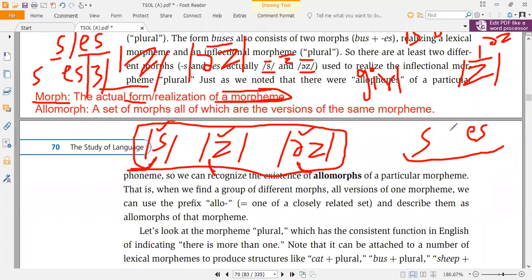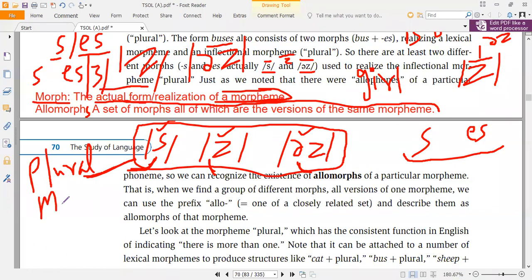It means that a set of morphs, all of which are the versions of the same morpheme, that set is called the allomorphs of that morpheme. Like these are the allomorphs of the plural morpheme. Sir, will you make it with another example? Yeah, sure, I will do.